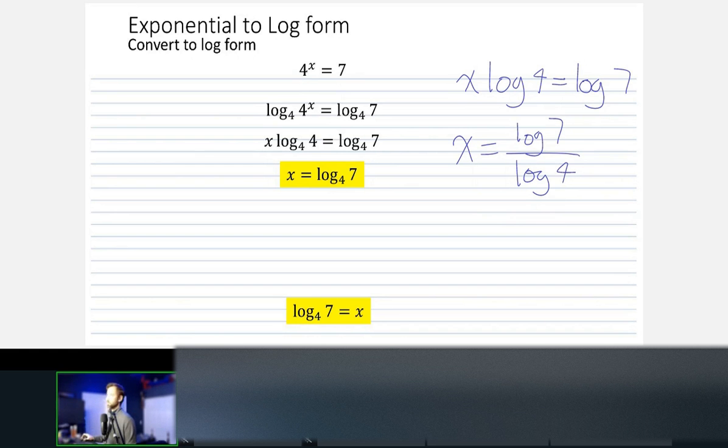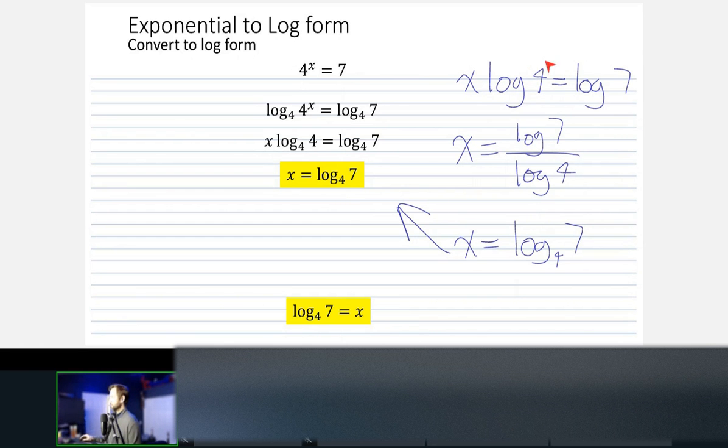Yeah, we use the change of base formula, and we just go backwards with it. So we have x equals log base 4 of 7, which is the same thing as the original answer, right? So we had an extra 2 steps. We had to divide both sides by log 4 and then do change of base to get to this.